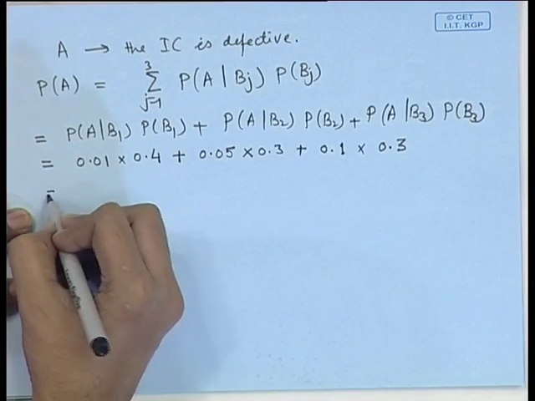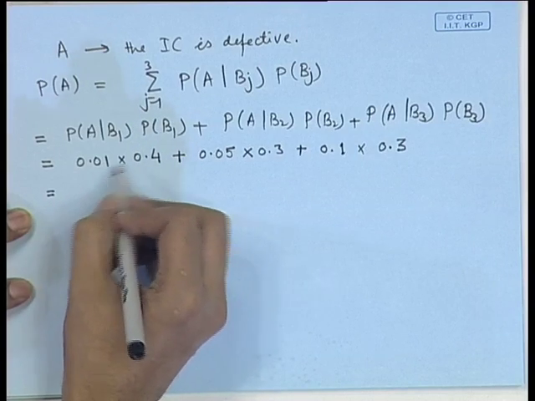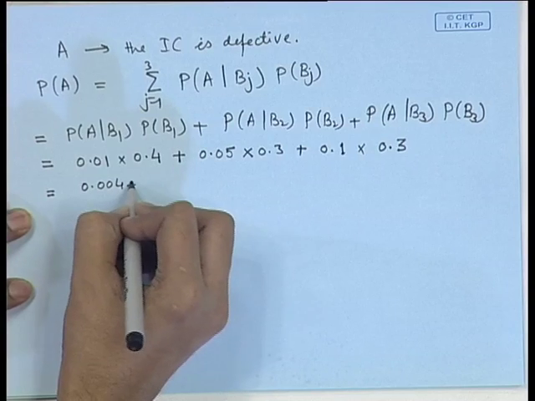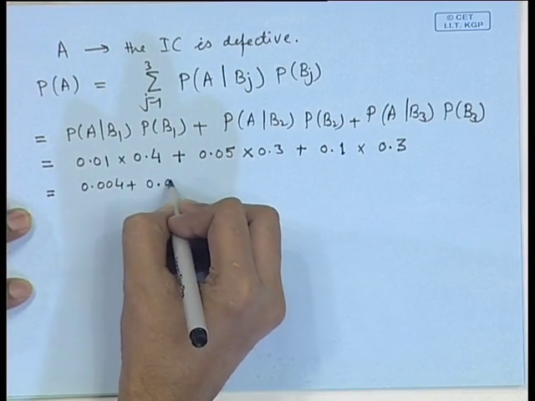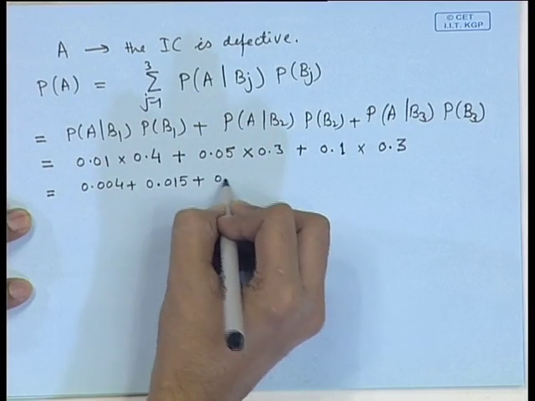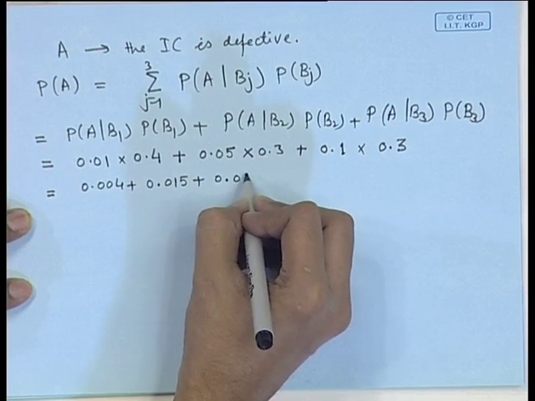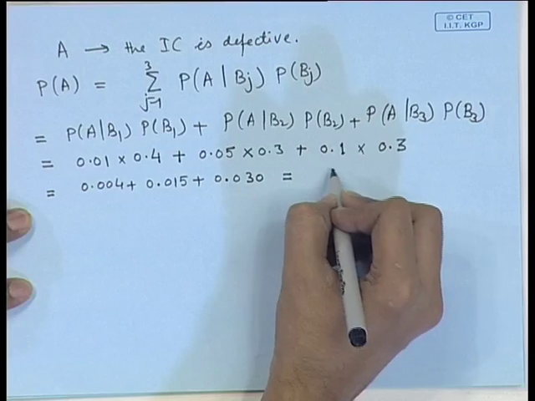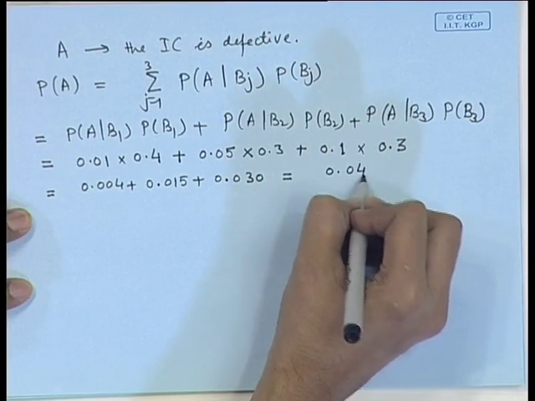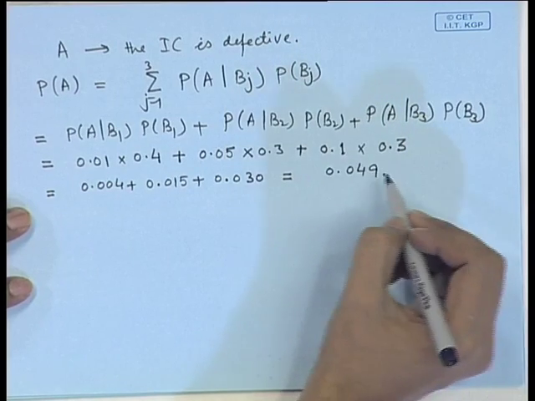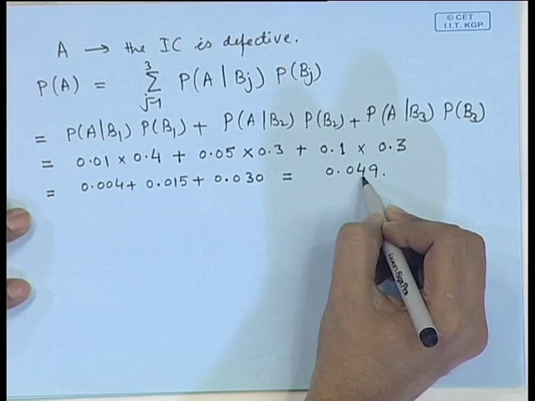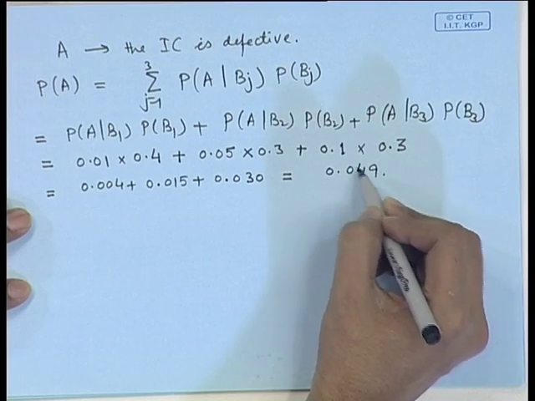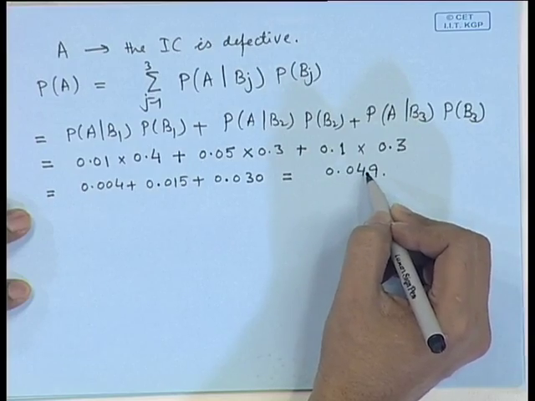So, eventually this turns out to be 0.004 plus 0.015 plus 0.03, which is equal to, so the eventual probability of the IC to be defective is approximately 0.05.